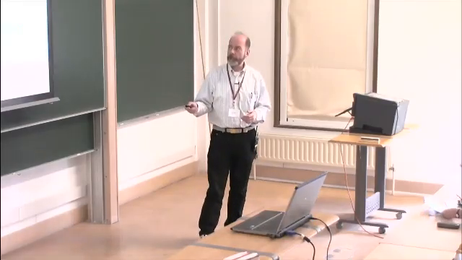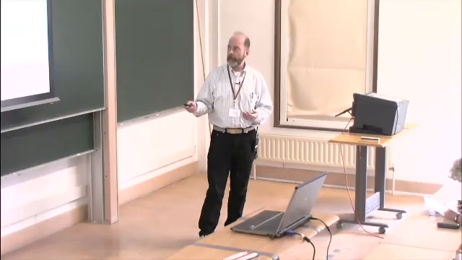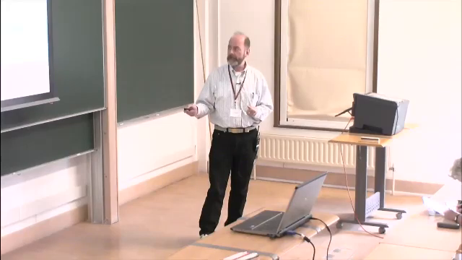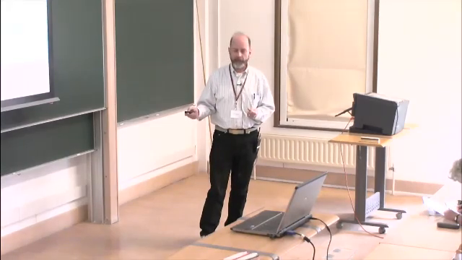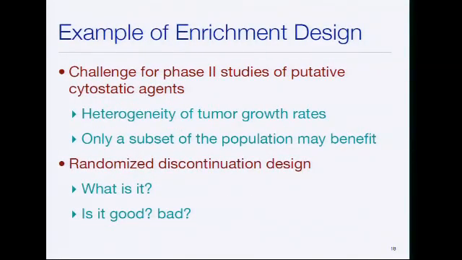Some proposals include randomized discontinuation designs, like the design I'll be talking about, and we proposed this in the Journal of Clinical Oncology. There's also a cross-validated adaptive signature design for cancer studies that's been proposed by Rich Simon and Boris Friedland. So let's talk a little bit about randomized discontinuation.